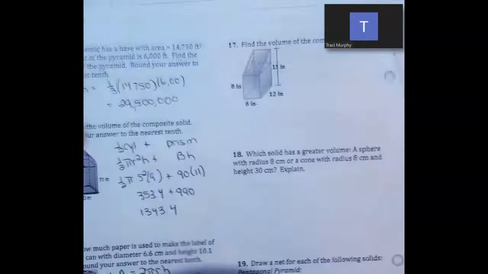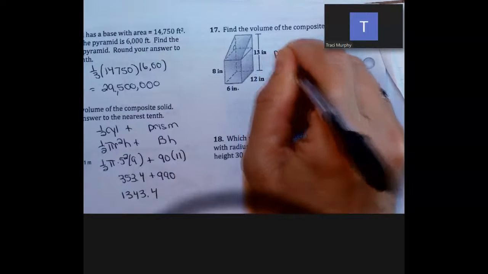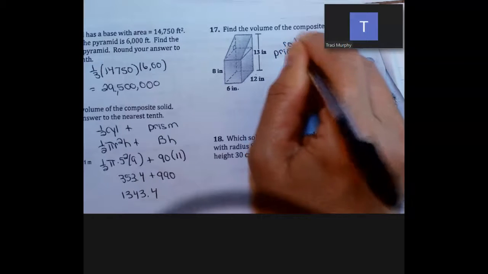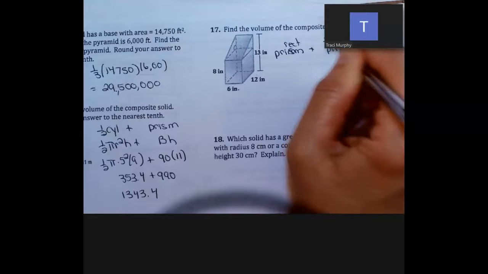Okay, moving on to number 17, they want us to find the volume of a composite figure. So in the bottom again, I see a prism. Actually, I see two prisms. I see a rectangular prism, and I see a triangular prism.